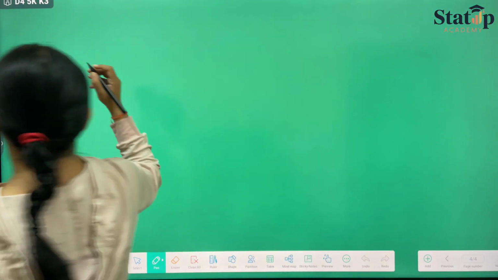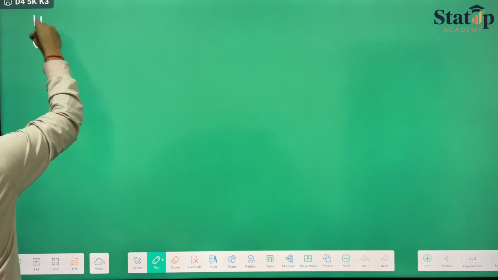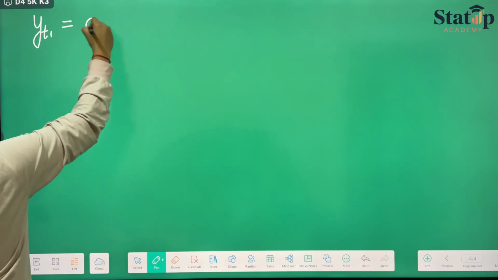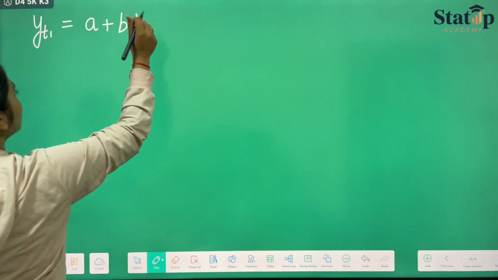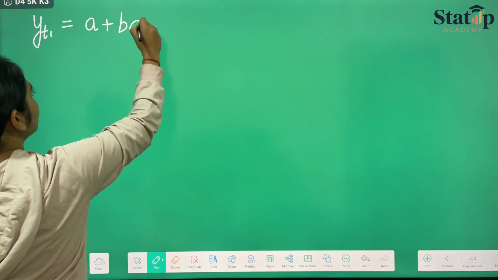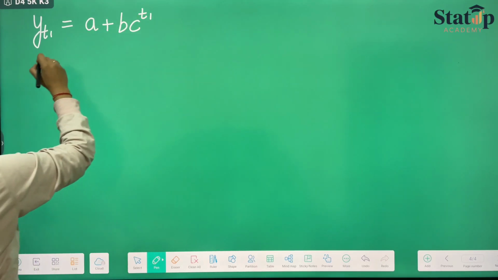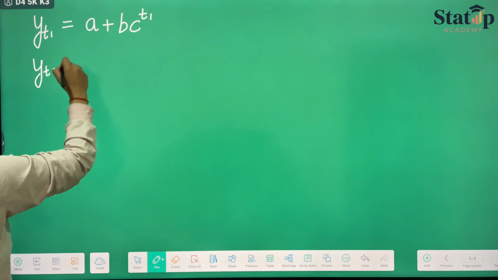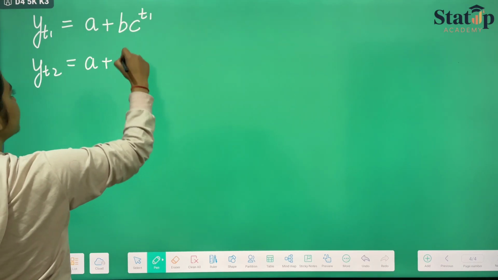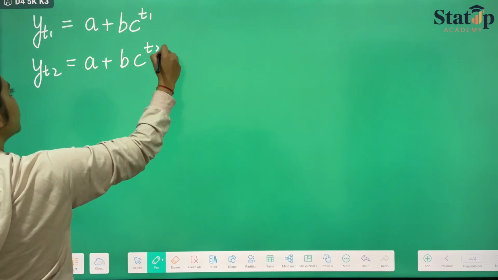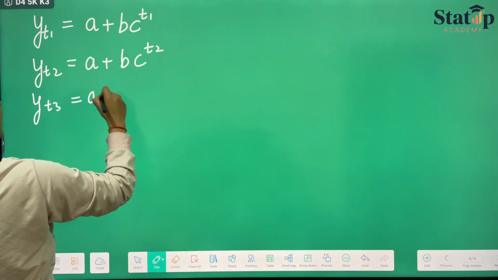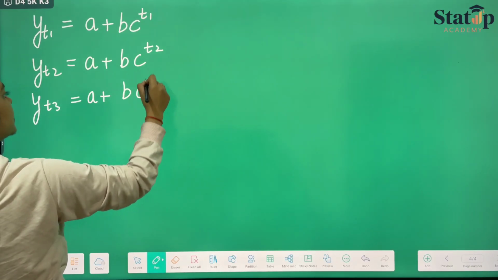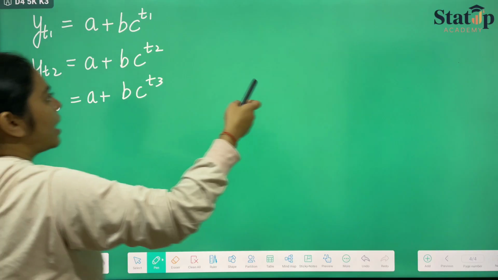Moving forward, we'll get three equations. First one is yt1, which is a plus b c raised to t1. yt2 is a plus b c raised to t2, and yt3 is equal to a plus b c raised to t3.